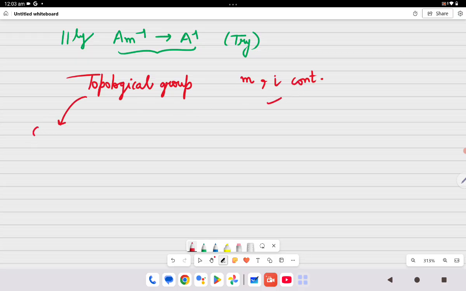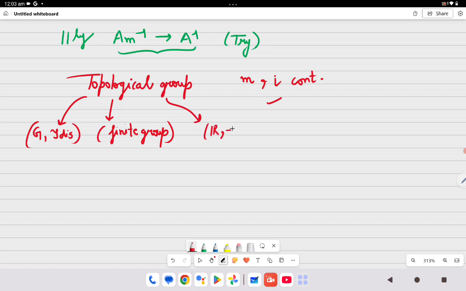सबसे पहले हमने देखा किसी भी ग्रुप को अगर मैं डिस्क्रीट टोपोलॉजी के साथ लेती हूँ, इट इज़ अ टोपोलॉजिकल स्पेस. सेकेंड हमने पढ़ा अगर मैं कोई भी फाइनाइट ग्रुप लेती हूँ, देन इट इज़ अ टोपोलॉजिकल ग्रुप. ओके, और फिर हमने क्या पढ़ा, that R with respect to addition is a topological group.